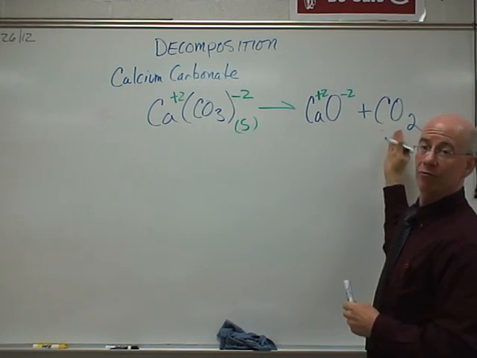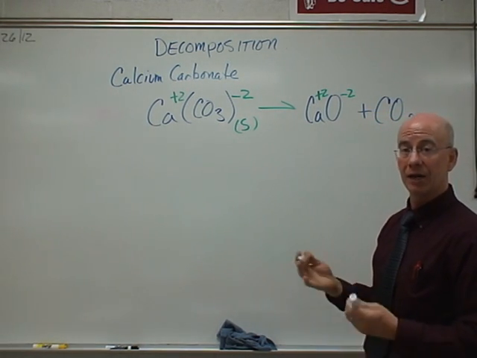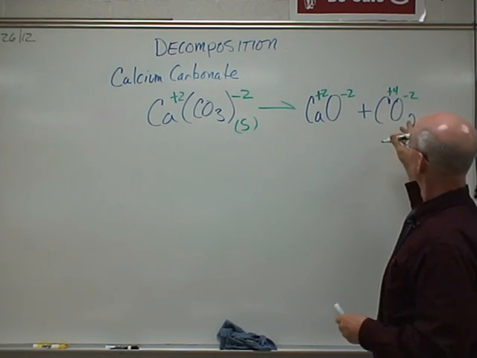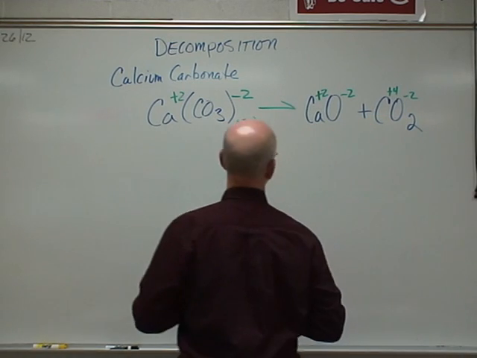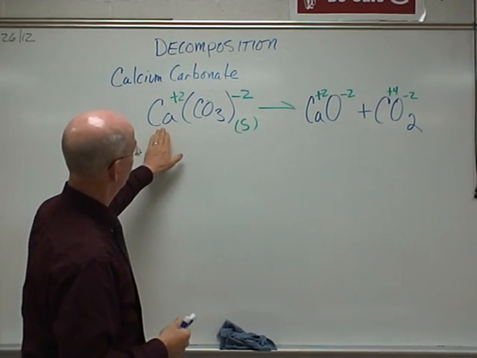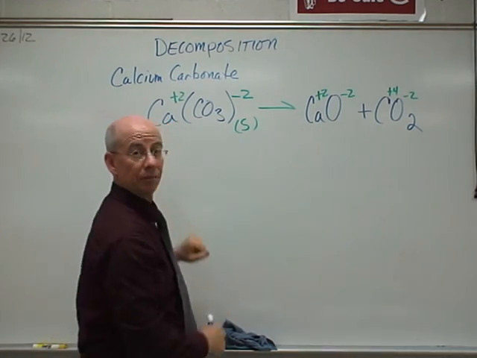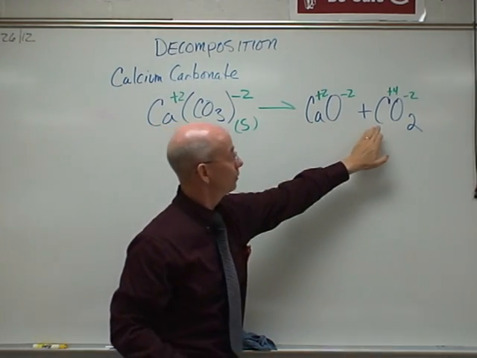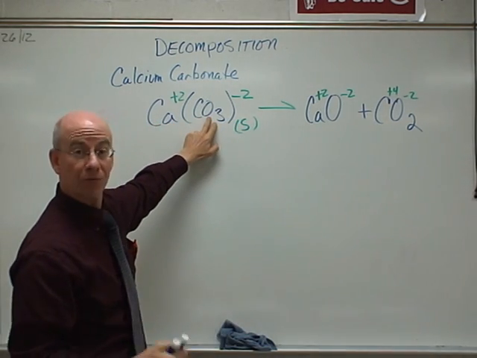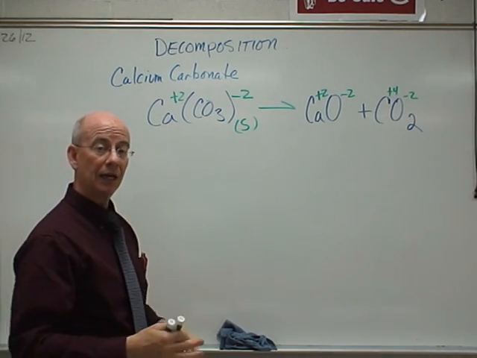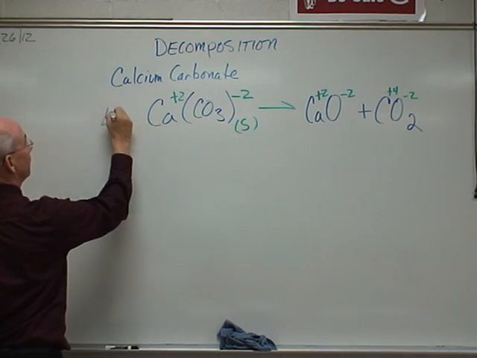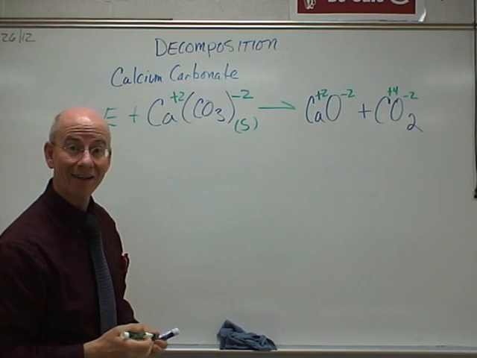And here we already know the formula for carbon dioxide, but if we wanted to put it in, this is +4 and that's -2. So again, we balance the equation by inspection. 1 calcium, 1 calcium. 1 carbon, 1 carbon. 3 oxygens on that side produce from 3 oxygens. And again, if we want to indicate that it's endothermic, the energy is actually a reactant.